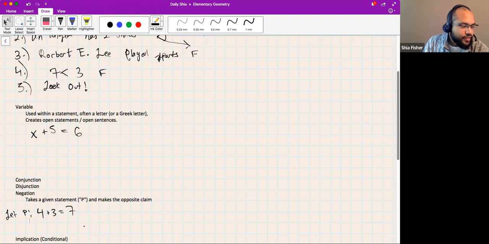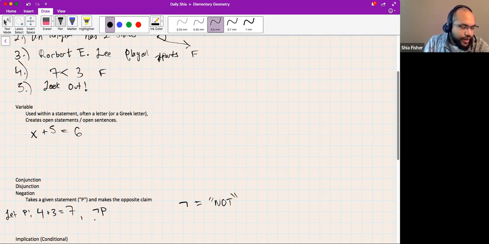So what is the negation of that? In other words, what is not P? That's what this means. This is like a negative sign, but for a statement, it just means not. This little thing means not. It's the same as saying not.